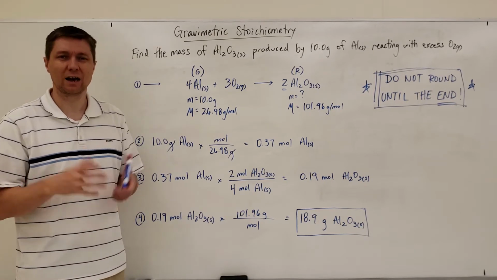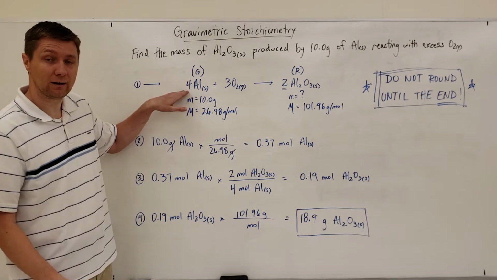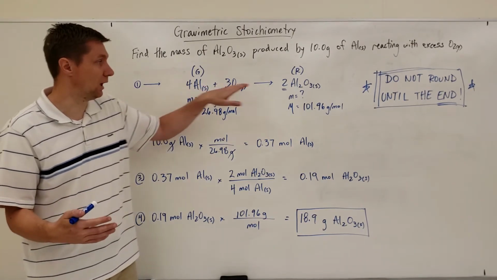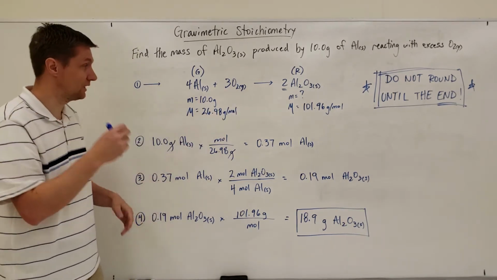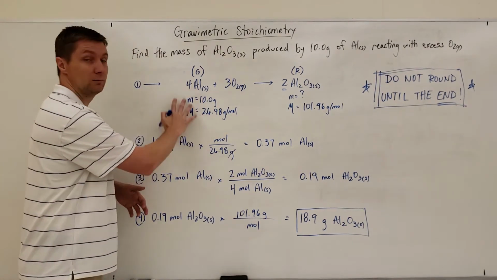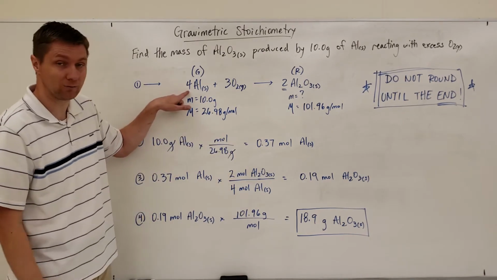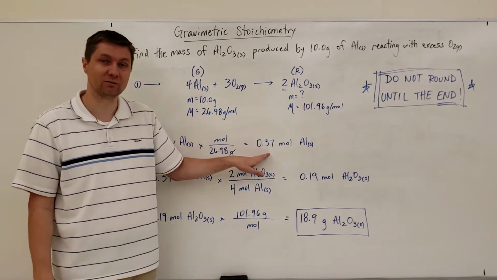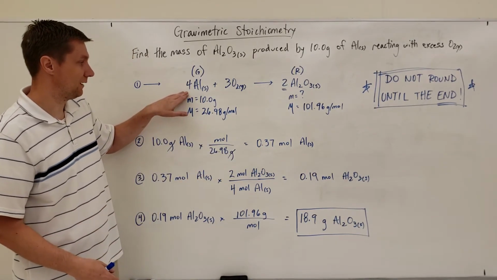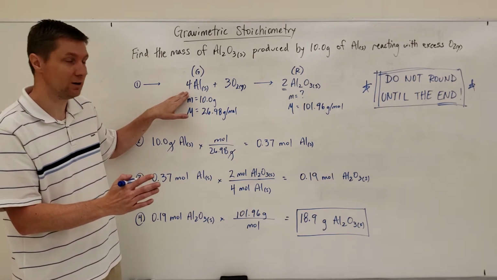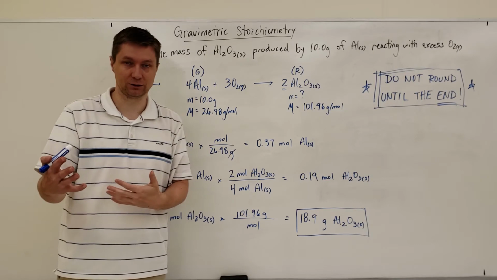What this reaction is saying is if I react 4 moles of aluminum, I'm going to produce 2 moles of aluminum oxide, which just means that whatever amount of aluminum I have here in moles, in this case it's 0.37, I don't actually have 4 moles of aluminum. I have 0.37 moles of aluminum. But what I know is that whatever number of moles of aluminum I have here, the amount of aluminum oxide that I'm going to produce is half that much.